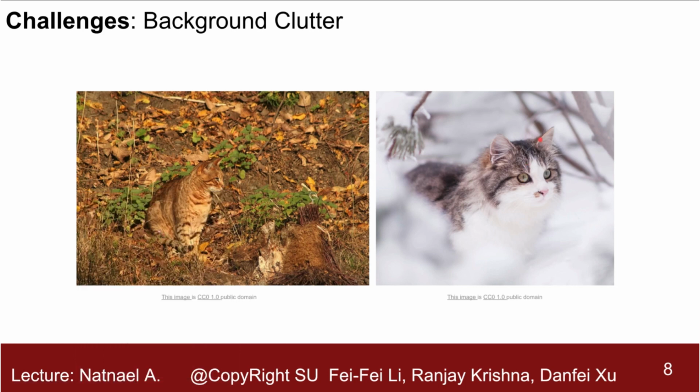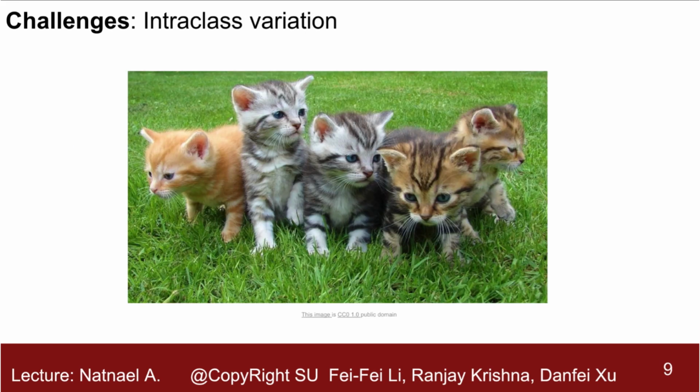And the foreground image, the cat, has similar features as the background, which is cloudy white. The same is true for the leftmost image. This problem, in general, we call background clutter. So these are the challenges that we face while dealing with computer vision, or specifically image classification.